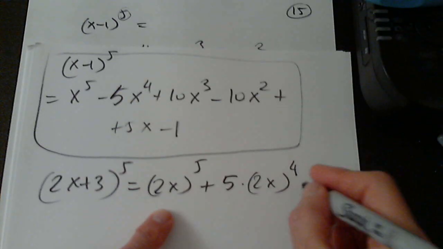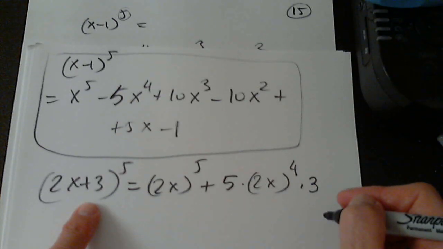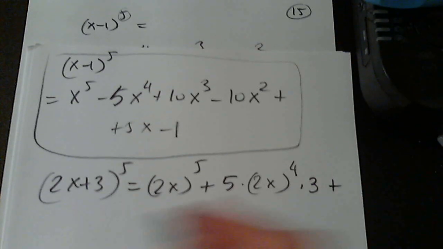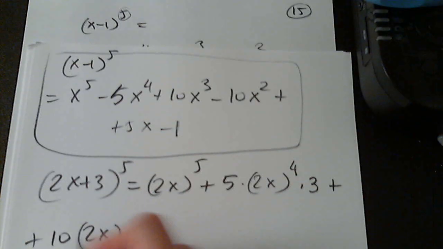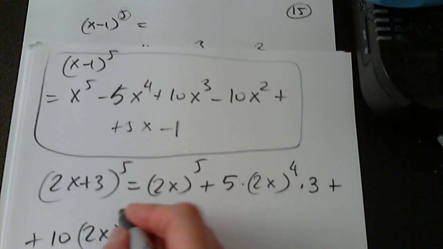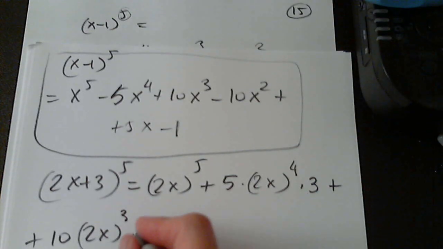It decreased by 1, but then 3 pops up to power 1. And then plus coefficient 10. 2x went from 5 to 4, now to 3. 3 went from 0 to 1, and now to 2.